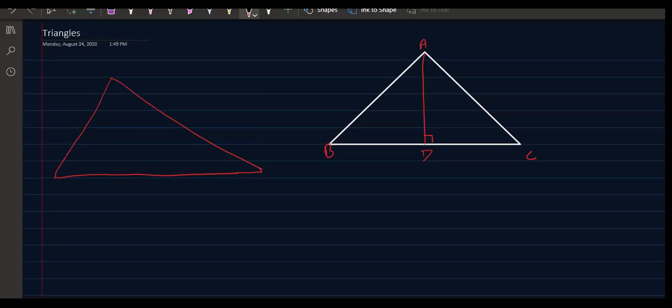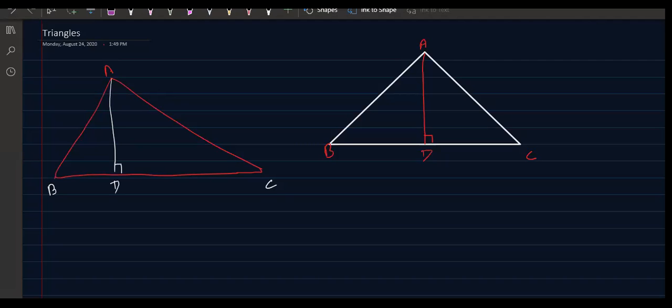So see this. We have three different vertices: A, B, and C. Right? Let's draw a perpendicular line from A on BC. So this AD will be your altitude.